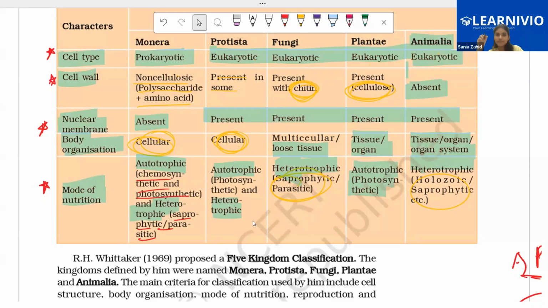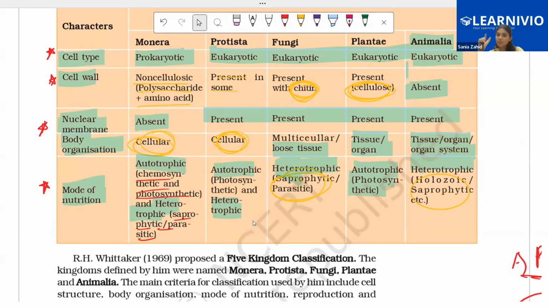Autotrophic and heterotrophic. So, the question can be, is chemosynthetic autotrophic nutrition present in Protista? Yes or no? No. Okay, good. Why?